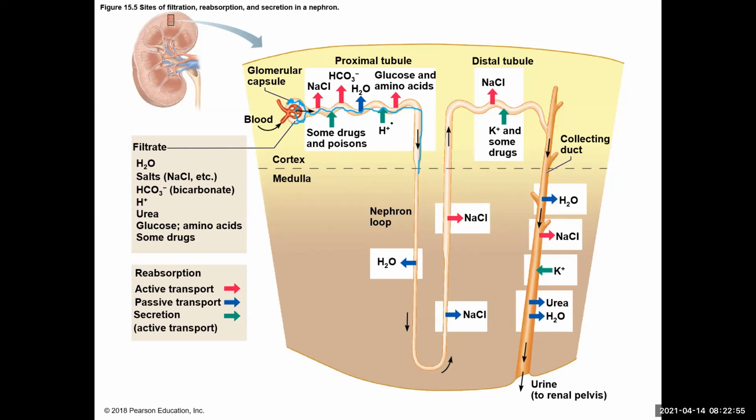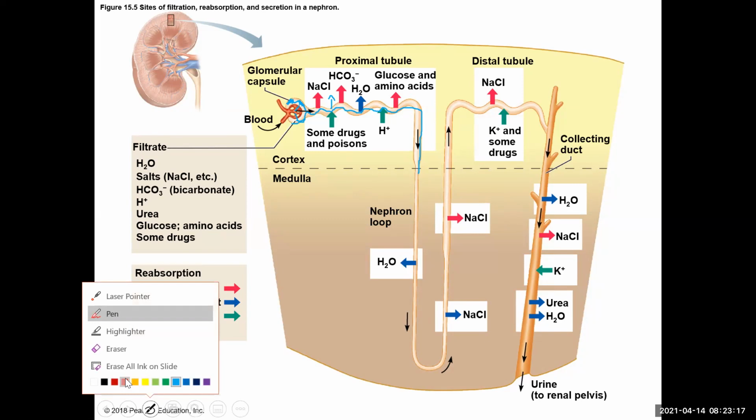So tubular reabsorption is the movement of important substances like your glucose, fructose, amino acids, hormones, which are there in the filtrate, from the renal tubule into the peritubular capillaries, because we have capillaries present here.